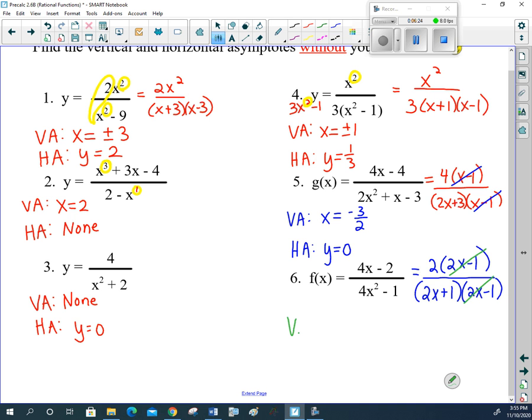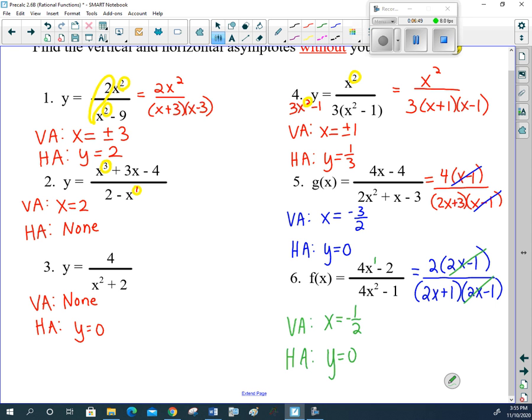So the vertical asymptote is at x equals negative a half. And the horizontal asymptote is y equals 0. That's a degree 1 right there, the bottom is a degree 2, so 1 is less than 2, so that means your horizontal asymptote is y equals 0.